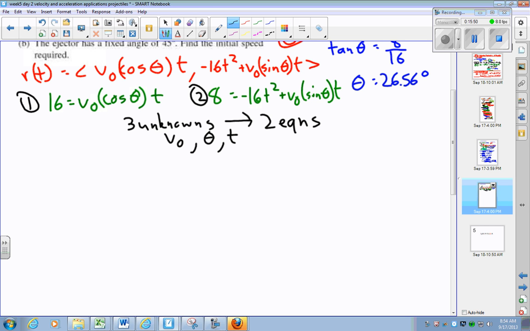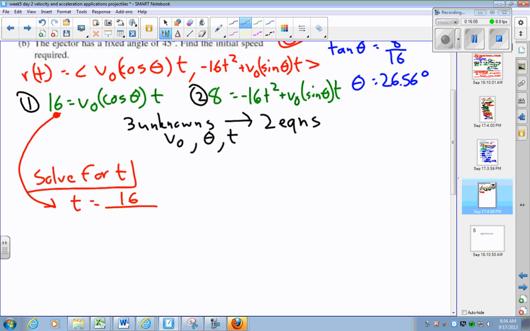So let's see, solve for t. I'm going to solve for t. And in my mind, the easiest guy to solve for t is that guy. So t equals 16 over v naught cosine of the angle. Okay, once you solve for the t, you can plug that t in. So let's plug it into y.